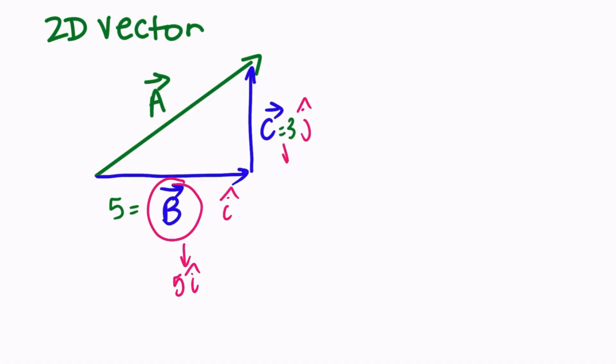And we can write C as 3 times J. We can think about it like 3 J vectors, each with a magnitude of 1, and then we can think about the horizontal component as 5I, each with a component of 1I.